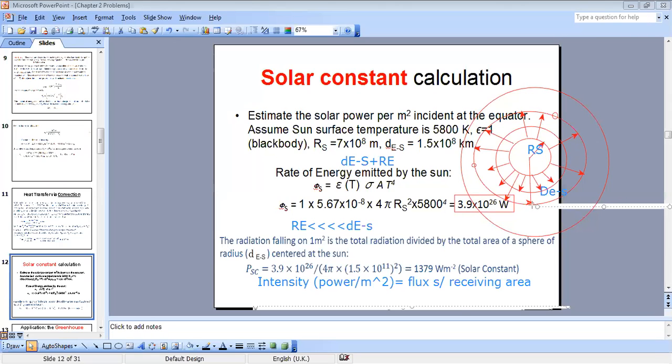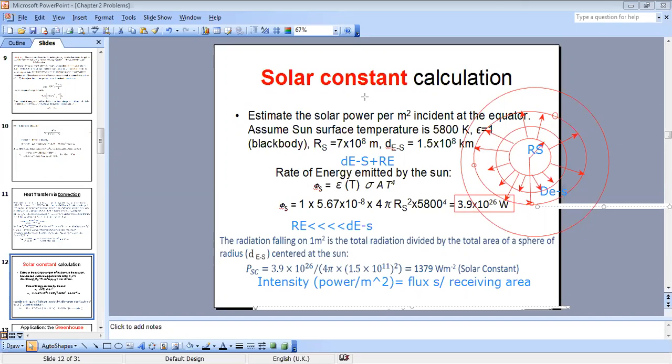To know the intensity reaching the Earth, we should consider the sphere centered at the sun and having as radius the distance between the center of the sun and the Earth. But because the radius of the Earth is much smaller than the distance between the center of the sun and the surface of the Earth, we neglected the radius of the Earth. If it's not yet clear, I can try to repeat in another way.